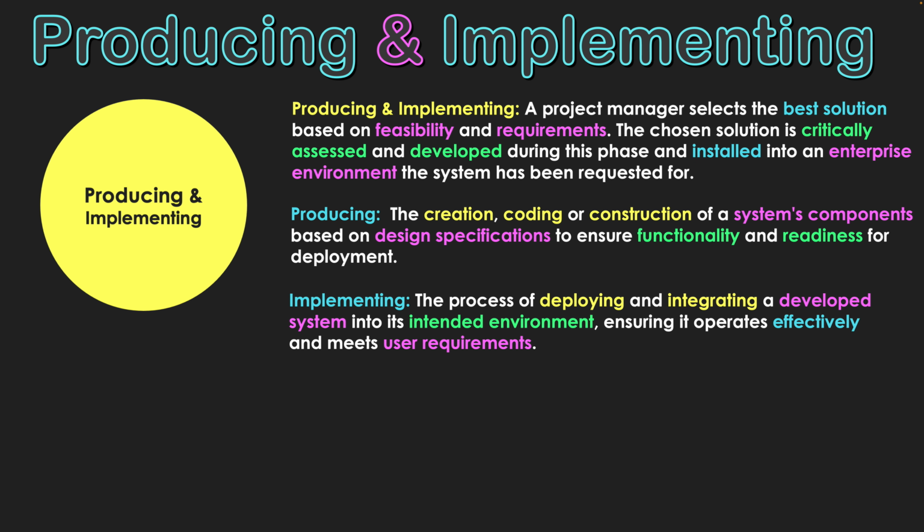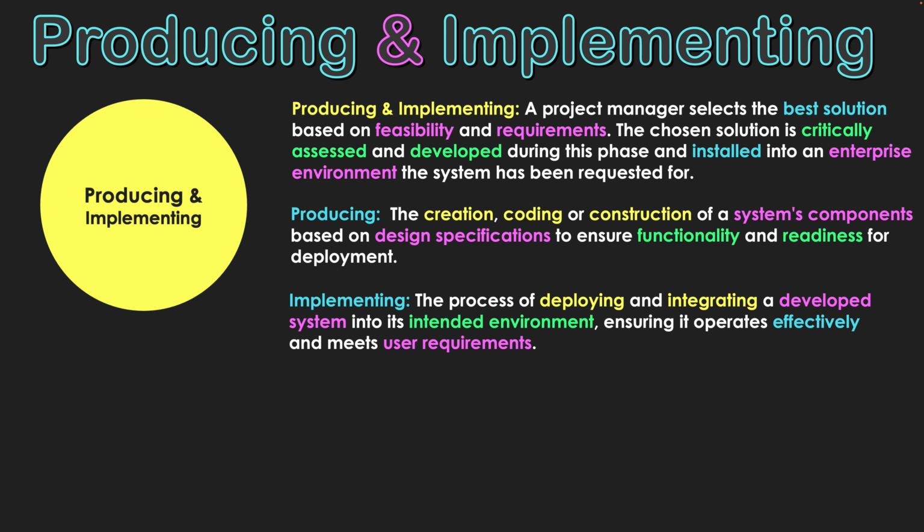Okay, so we're installing the environment, we're setting up the hardware and software, we're ensuring that it's integrated with other technologies that they have working there, okay, and actually will work in the environment we've been developing it for, ensuring it operates effectively and meets user requirements. So that's what's going on at this stage. We're building the system and we're installing it into the work environments.